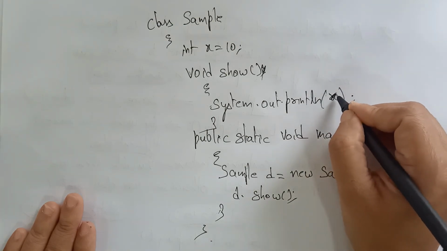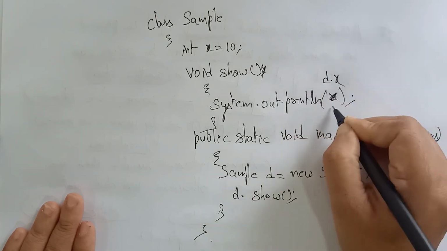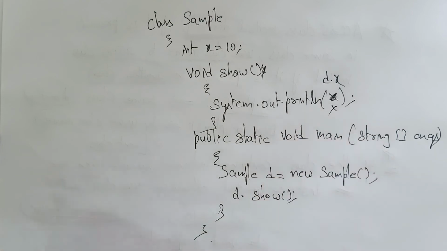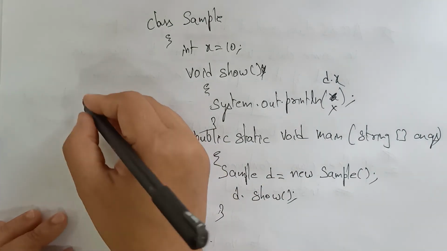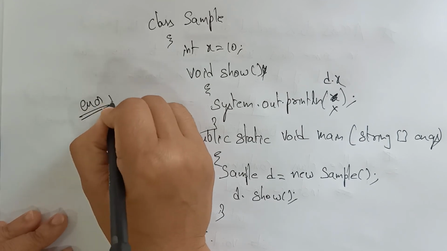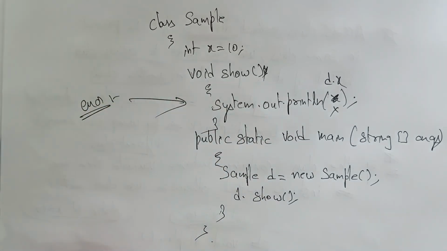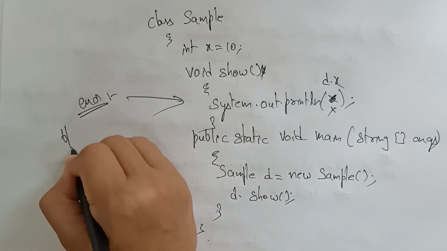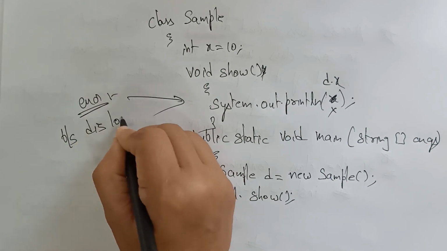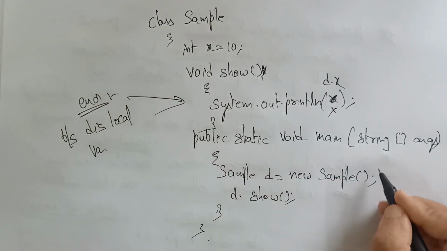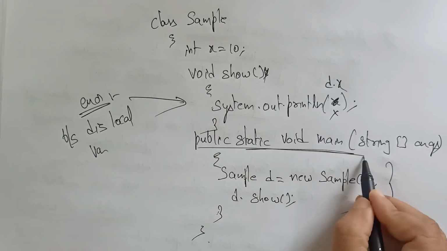Suppose here I use d dot x, instead of x. Will my program execute? No, you will get an error. Why will I get an error? Because d is a local variable. It is only up to here. This is only for main.